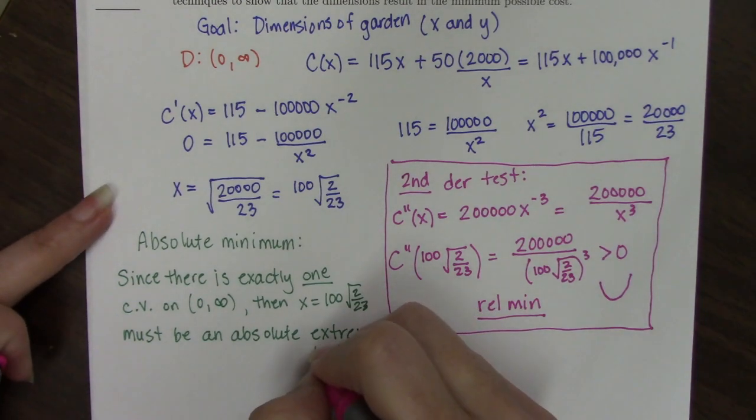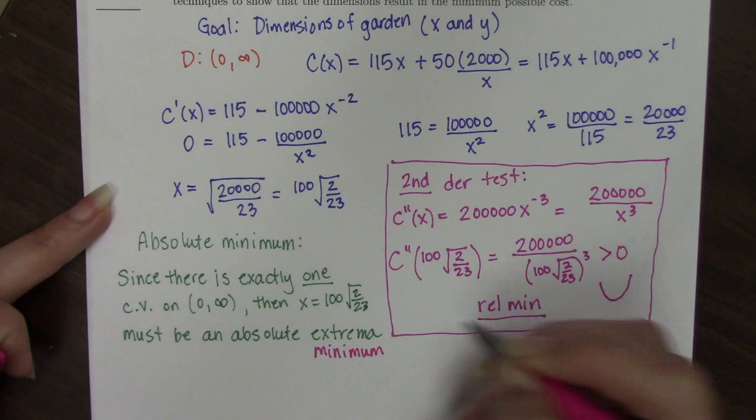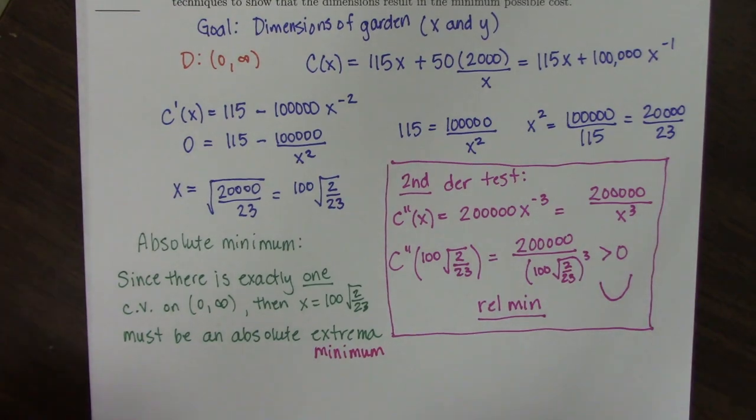So it is then implied that this absolute extrema is an absolute minimum because it was a relative minimum. So now that I've found my critical value, I've verified what type of extrema, and I've verified that it is an absolute minimum, I can now report back my final answers.